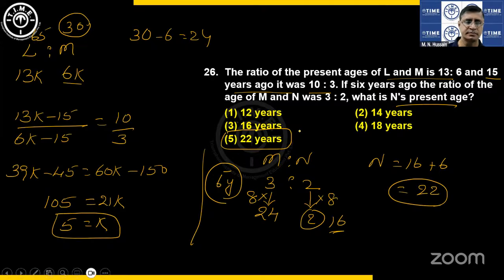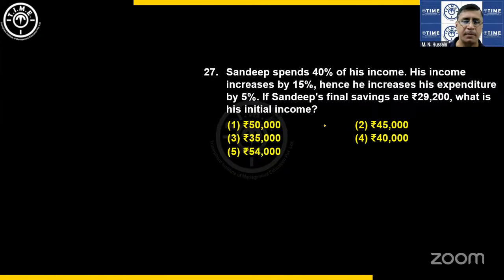Right. Now look at the next example on your screen. Sandeep spends 40% of his income. Income, expenditure, savings. I'm assuming the income as 100%. 40% spends means remaining 60% is the savings.